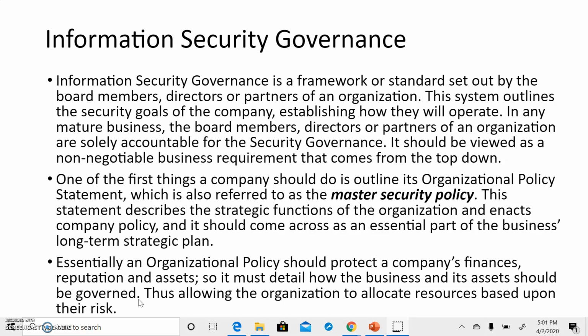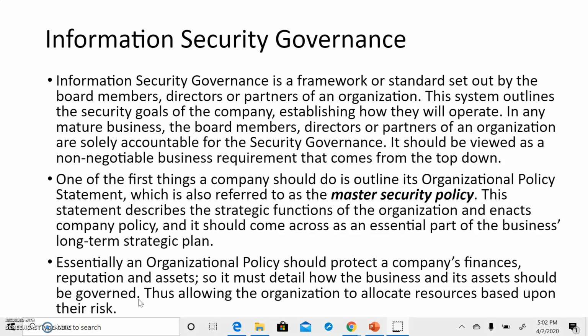So the members involved in information security governance are top management level persons, such as board members, directors or partners of the company. One more important thing is that those persons are solely accountable.